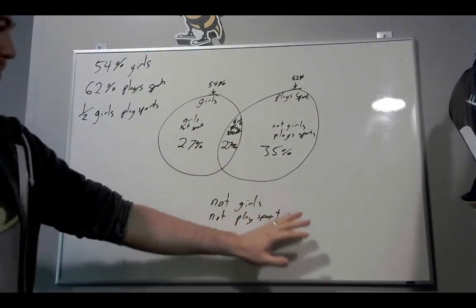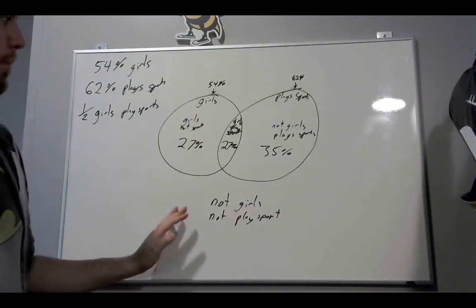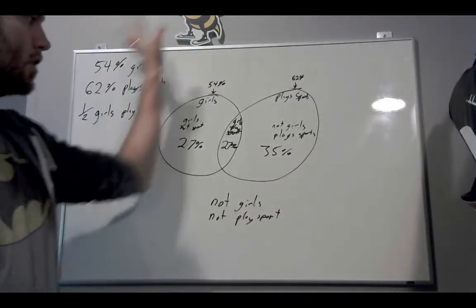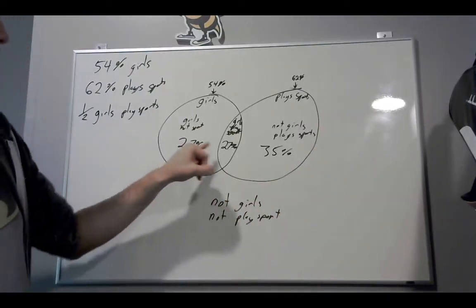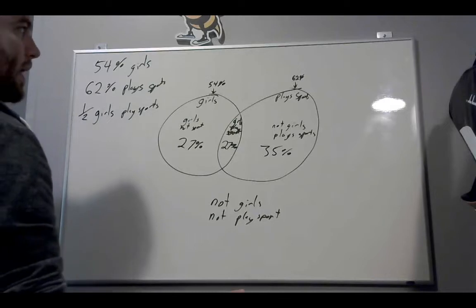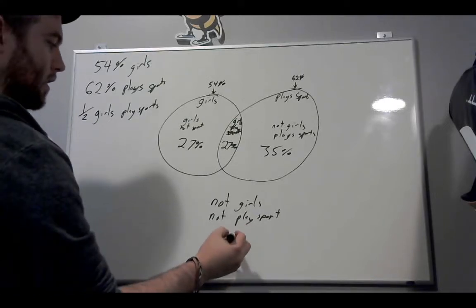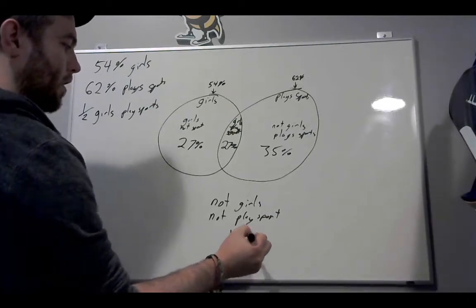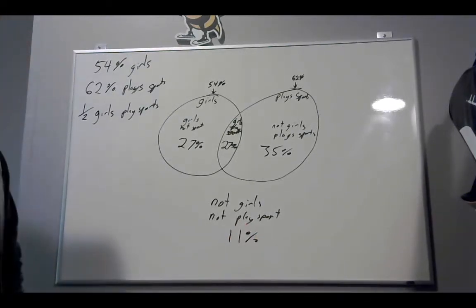Then the last piece, not girls and not play sports. This whole space needs to add up to 100%. So I just need to add up all of these and then subtract from 100. So I get 11% are not girls and not play sports.